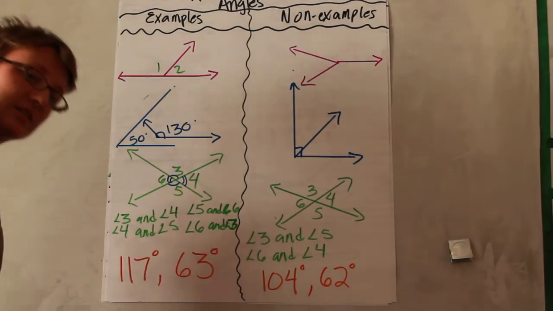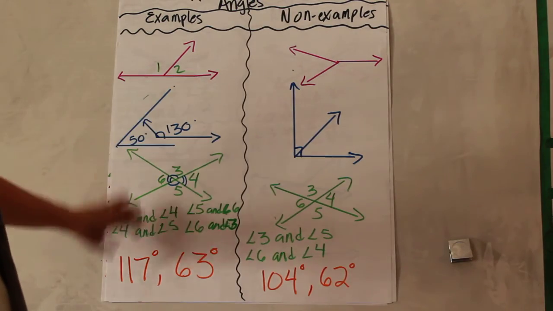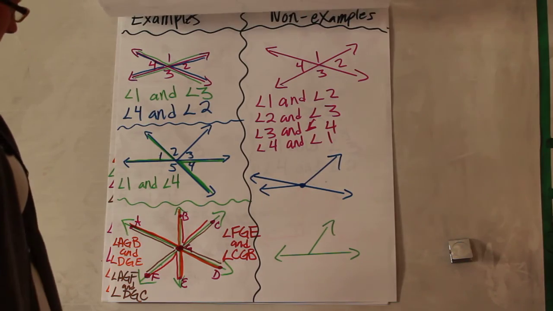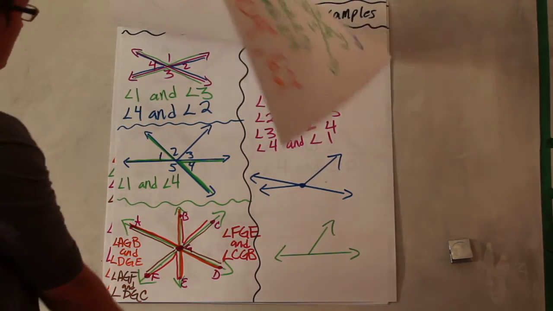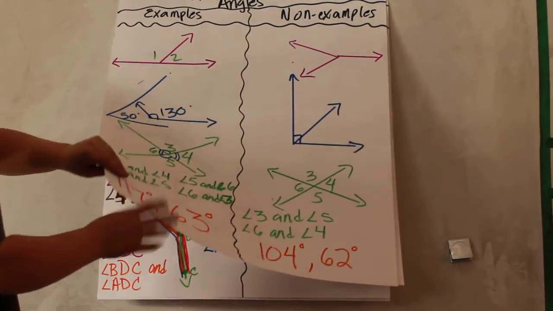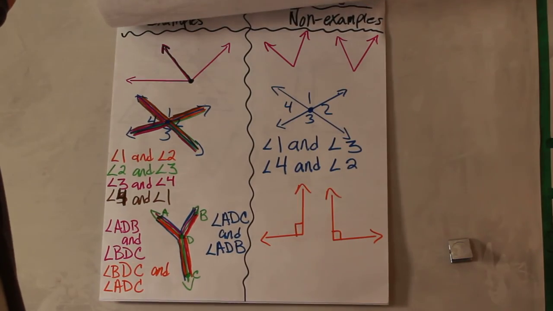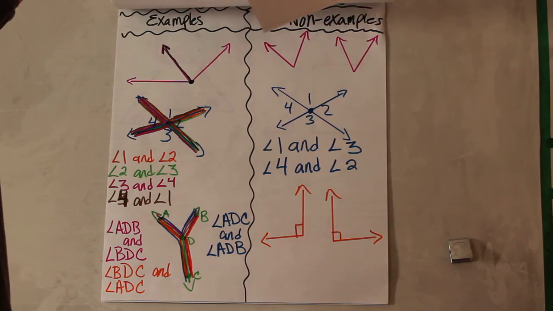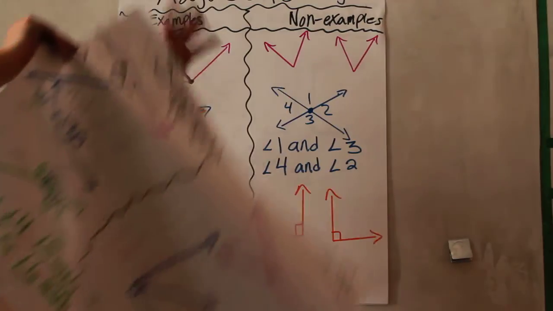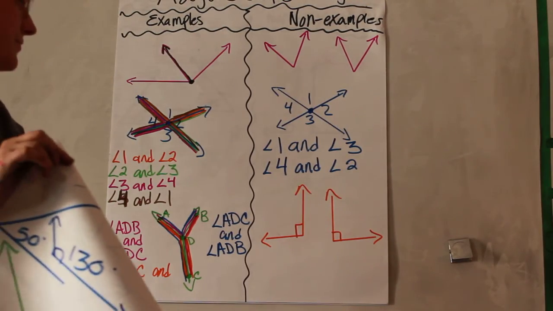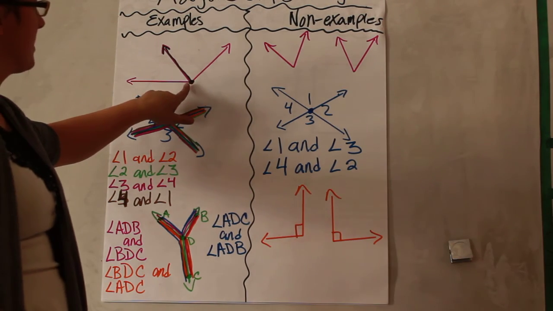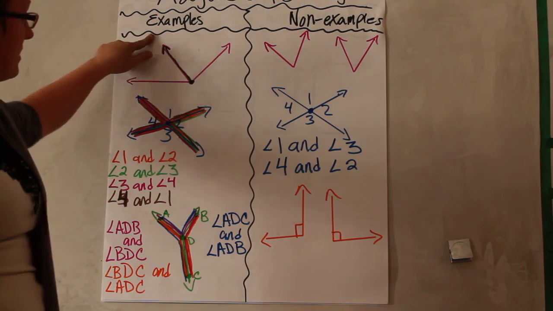Now you will notice that some of these do overlap. Supplementary angles could also be, well, vertical angles are straight across, but supplementary angles could also be adjacent angles, because this could be a straight line that gets intersected.